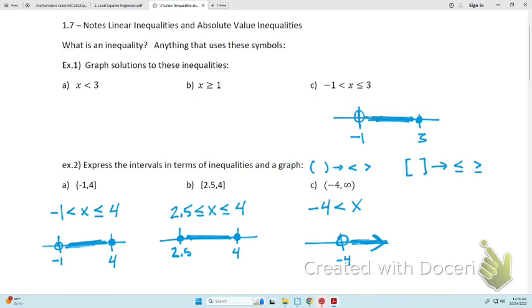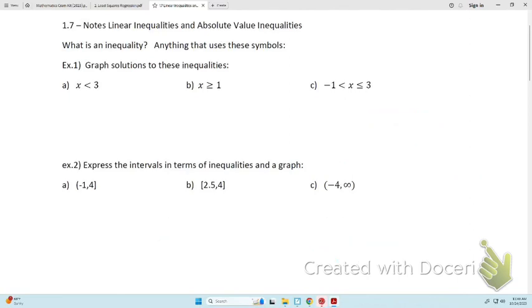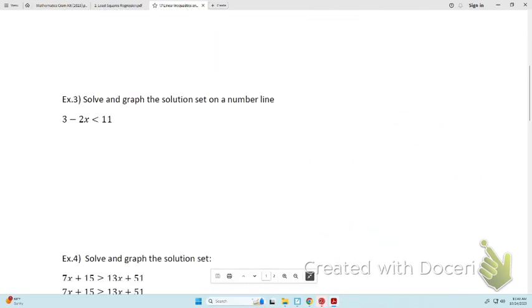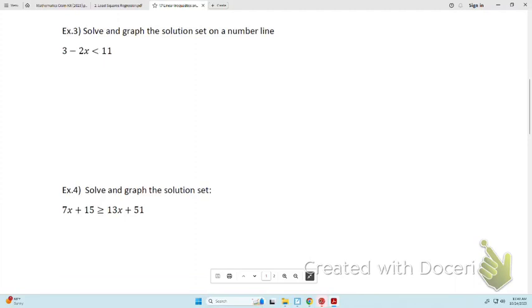All right. On number 3, now we got to start solving these. We have things that look a little closer to equations here.